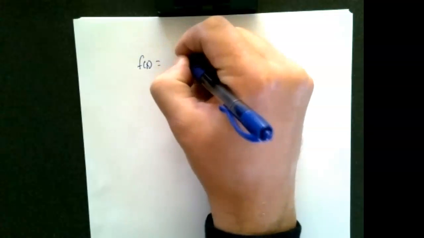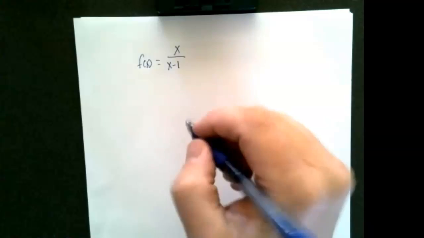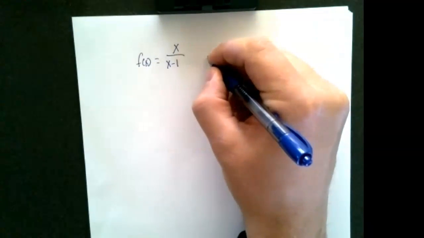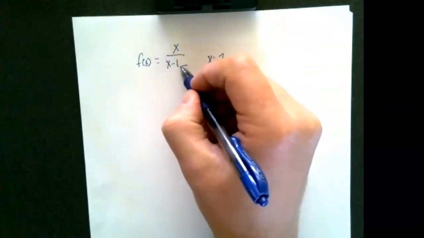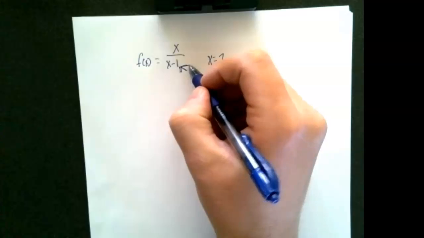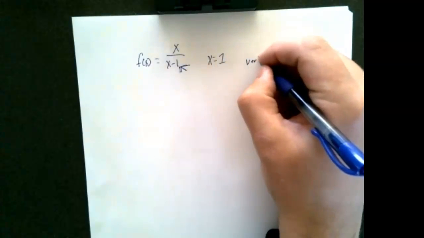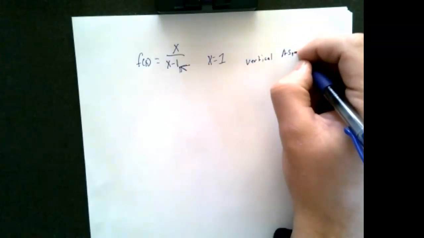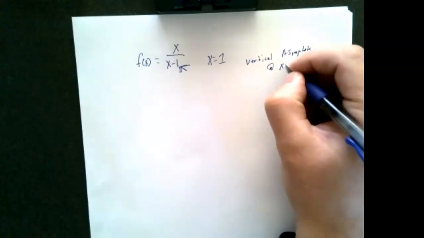So if f of x is equal to x divided by x minus 1, you can see whenever x is equal to 1, this becomes undefined because it's a 0, right? 1 minus 1 is 0. So that means we have a vertical asymptote at x equals 1.